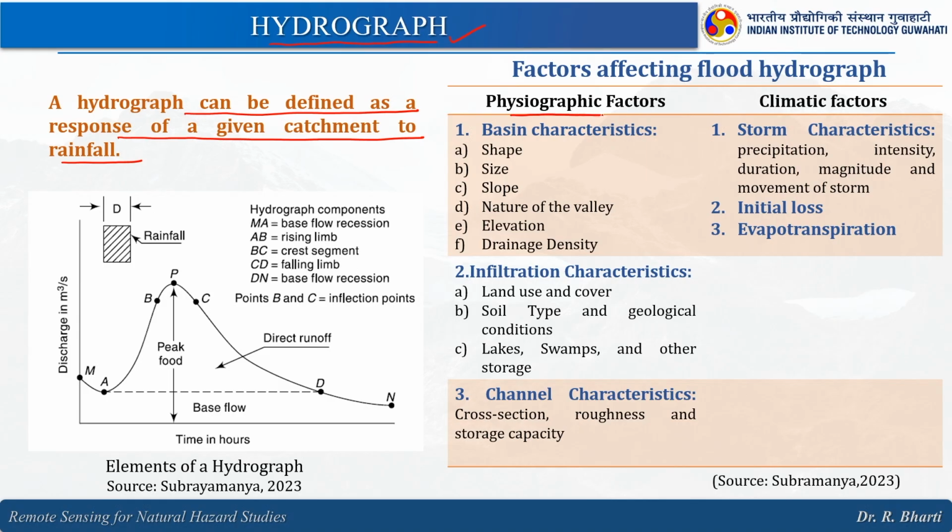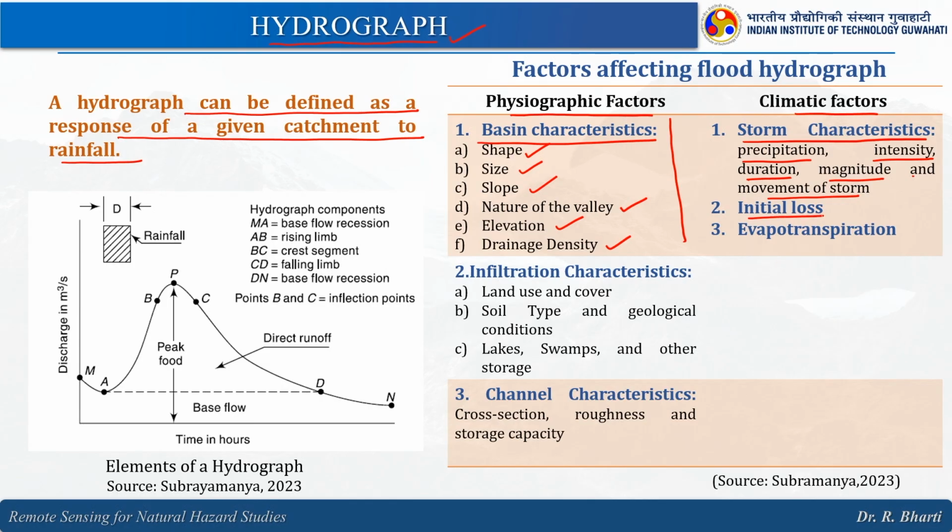So, we have physiographic factors and climatic factors, right. Here we have basin characteristics: the shape, size, slope, nature of the valley, elevation, and drainage density. That comes under the basin characteristic. When we talk about storm characteristics: precipitation, intensity, duration, magnitude and movement of the storm.